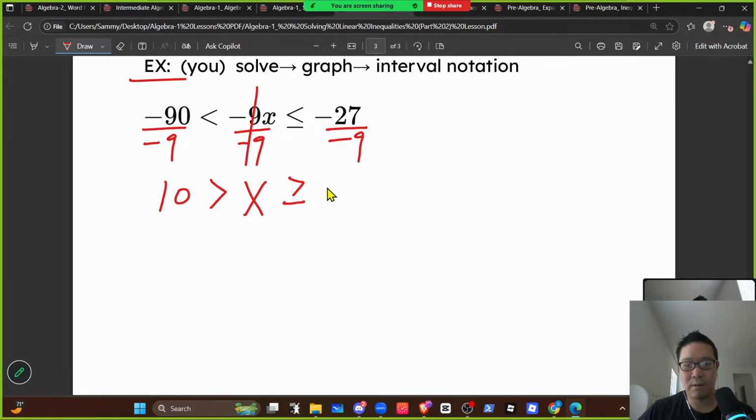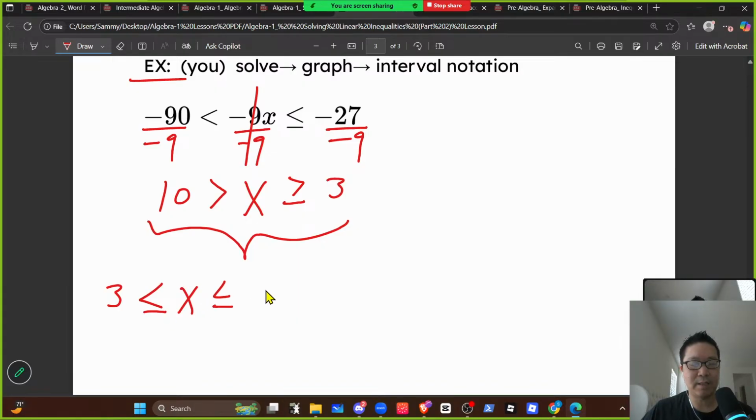3. Good. And you want to rewrite this in the proper manner, which is you want the lower number on the left side. So it's going to be x is greater than or equal to 3 and less than or equal to 10. And now, as you can see, we have an and compound statement. So it's saying all numbers between 3 and 10, basically.